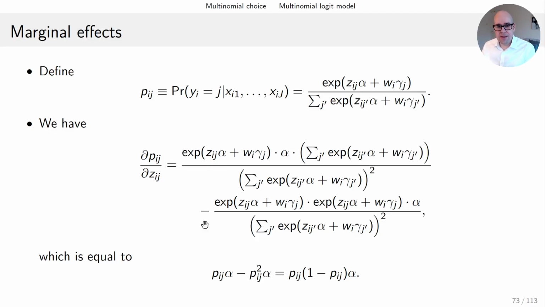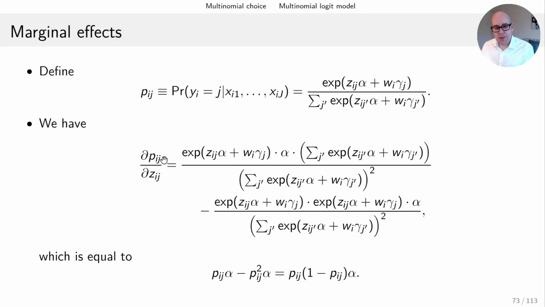Good. So in terms of notation, let's say that the probability that alternative j is chosen by i, given all the z's and the w, is denoted by Pij. Now I'm going to look at the change in Pij when I change Zij.